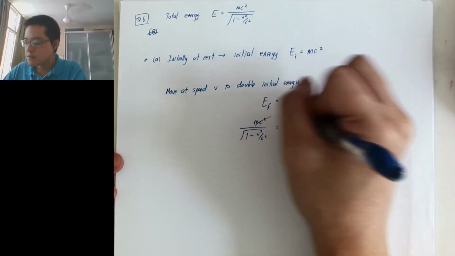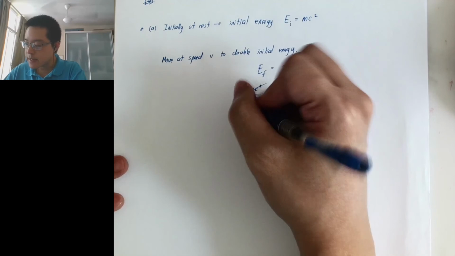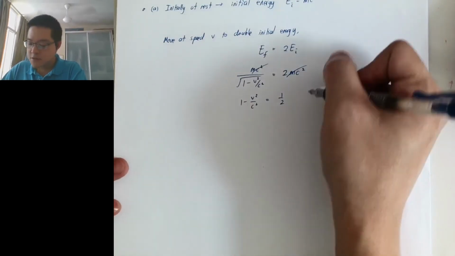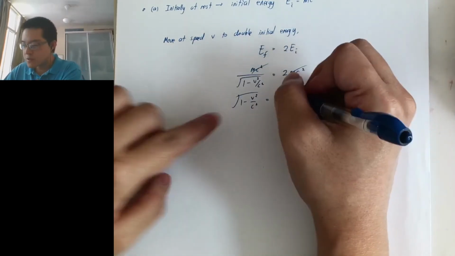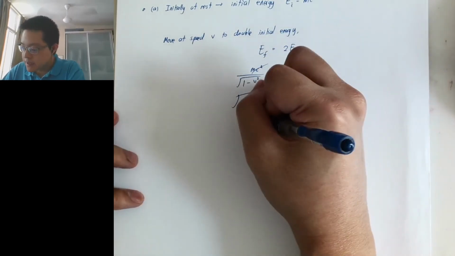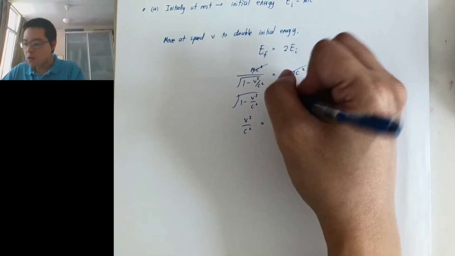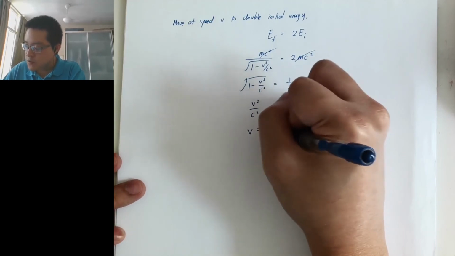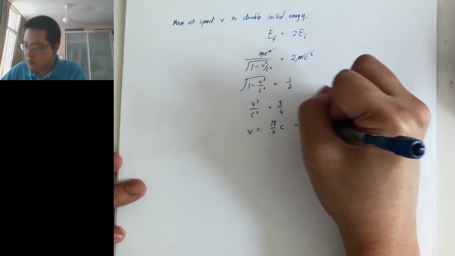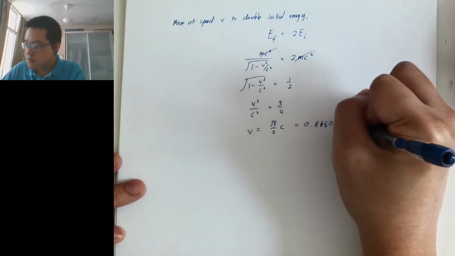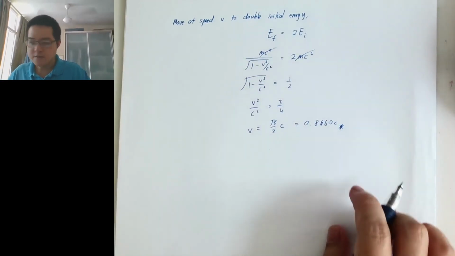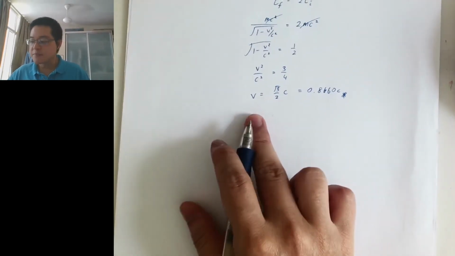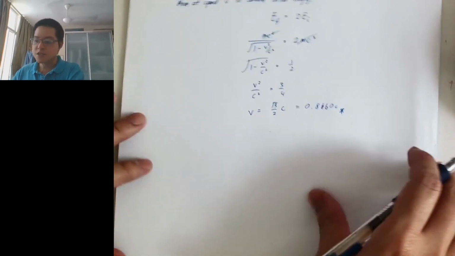So cancel this, and I got the square root of 1 minus v squared over c squared equals half. So if I square both sides, it becomes 1 over 4. So my v squared over c squared becomes 1 minus a quarter, so it's 3 over 4. So v is equal to root 3 over 2 c, which is 0.8660 c. Correct, right? So this is the speed that you need to double your total energy.